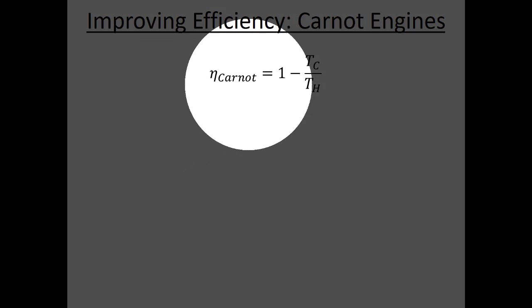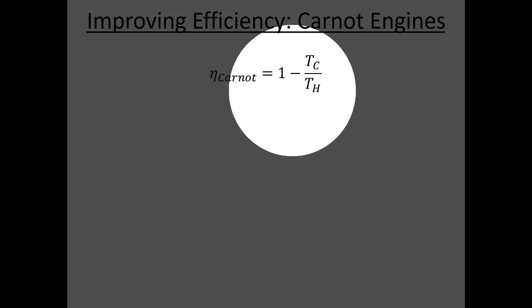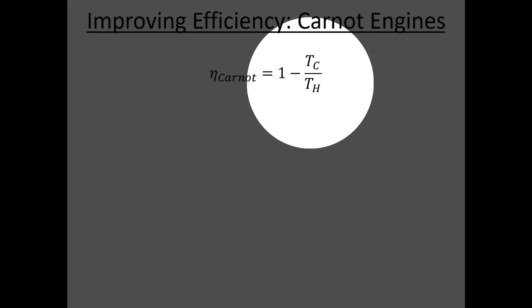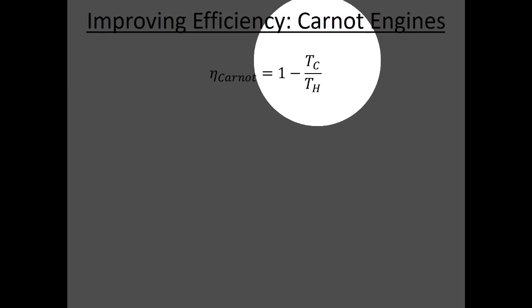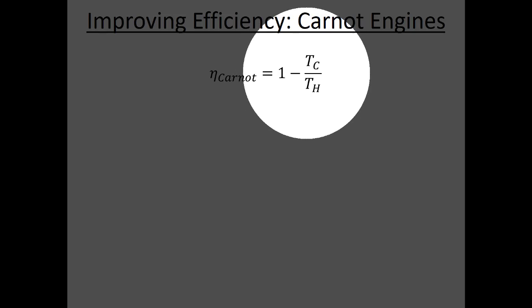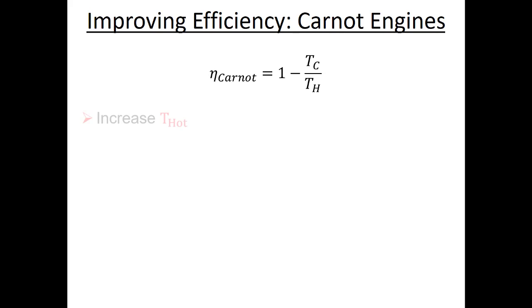And since this is 1 minus something, I want this part of the equation to be as small as it can be. So really, there's two ways to do this, right? You don't have to be a mathematician to see that this part gets smaller if T cold gets smaller or if T hot gets bigger.